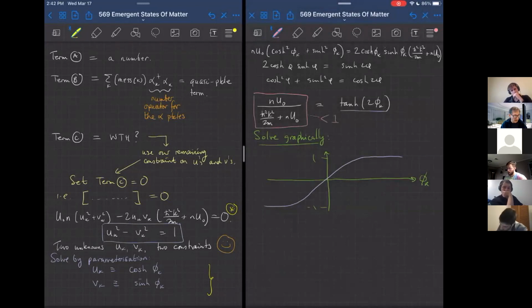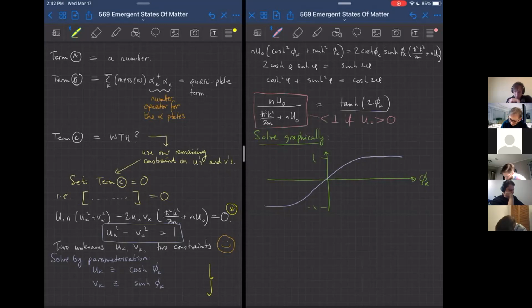That would be good, but that's only true if u naught is positive. So let's have u naught be positive, and then I will get some value.